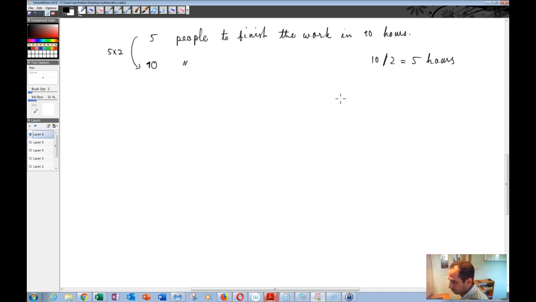Here the number of people was multiplied by 2, and the number of hours was divided by 2. So this is called an inverse relationship or inverse proportion.